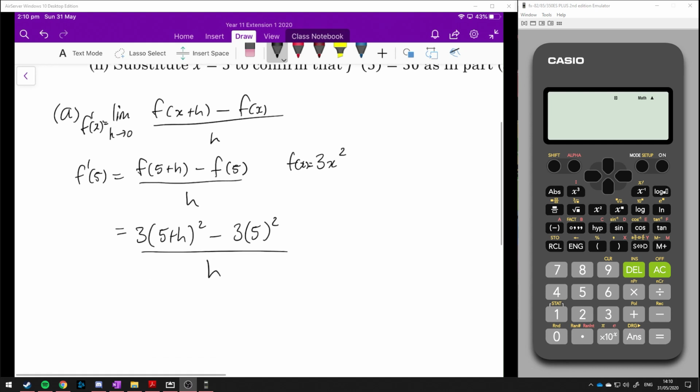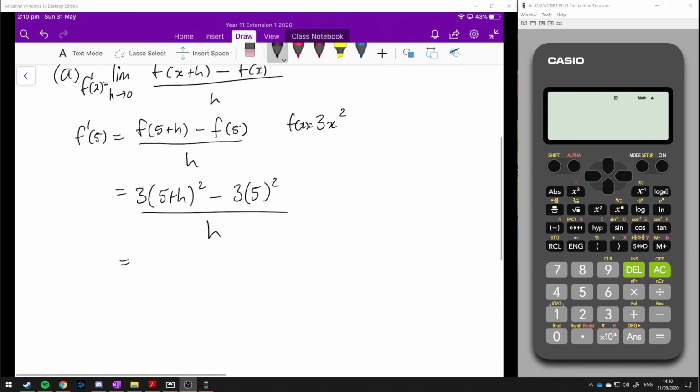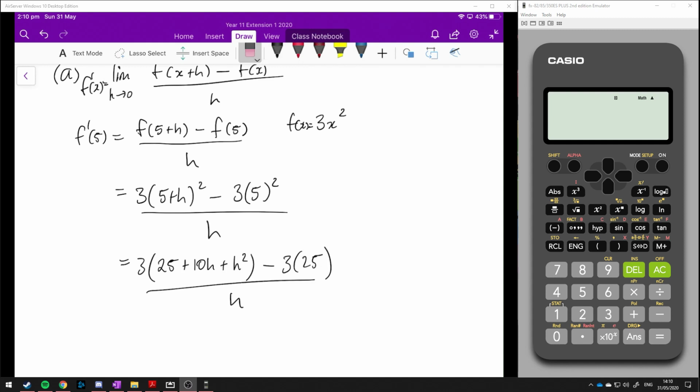Now we're going to expand this out. 3 lots of 5 plus h all squared, well, that's 3 lots of 25 plus 10h plus h squared, minus 3 lots of 25, all over h.